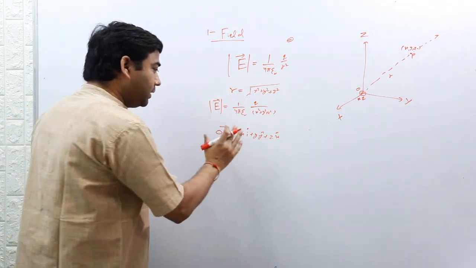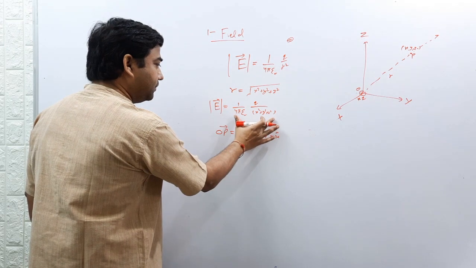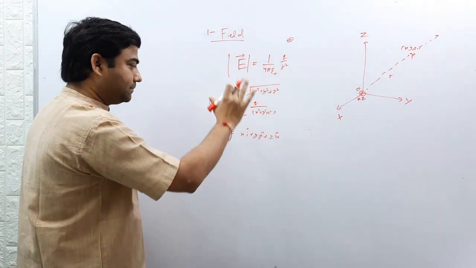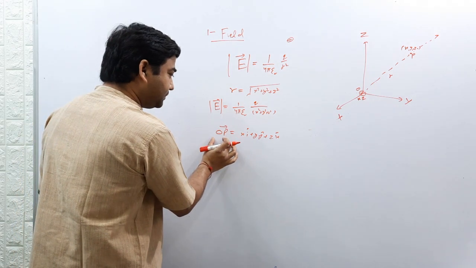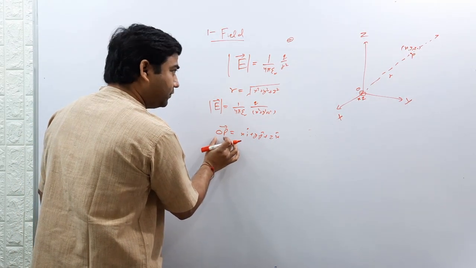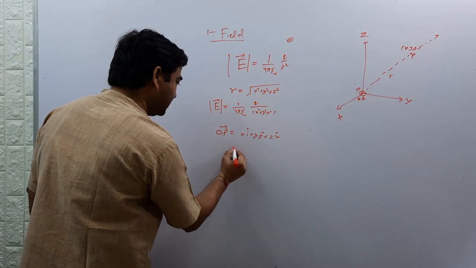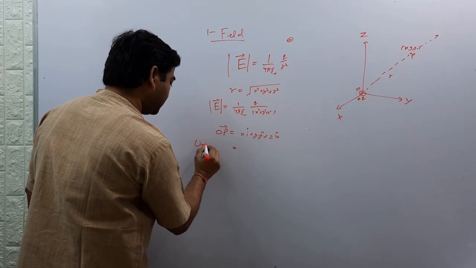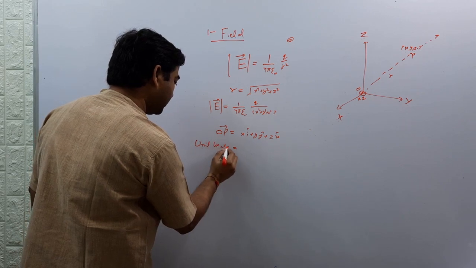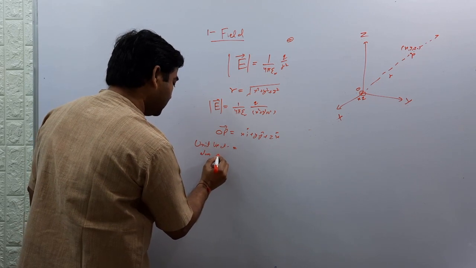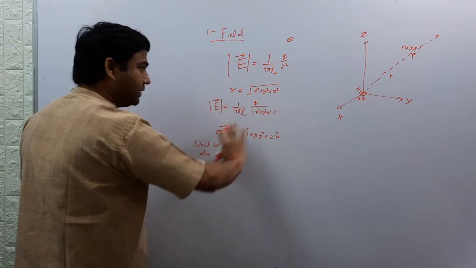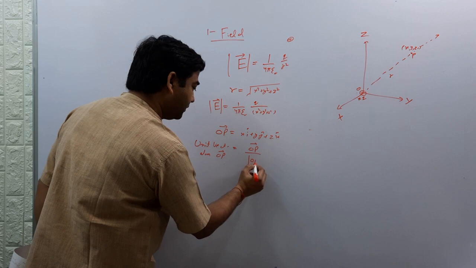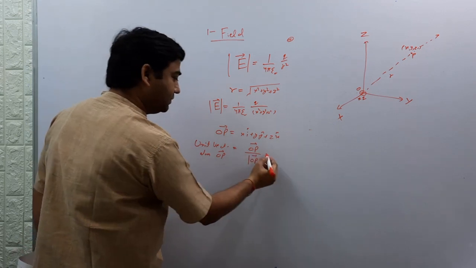So we have found the modulus, the magnitude of the vector. Now we want to find the direction. The unit vector in the direction of vector OP, the unit vector along OP, is vector OP divided by the modulus of OP, which we have discussed.